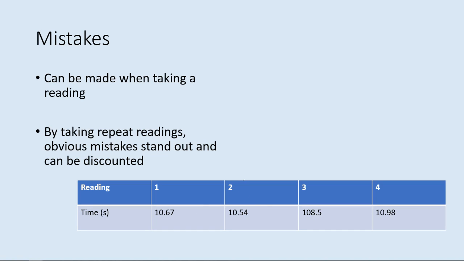Because we've taken 4 results and this one's standing out, what we can maybe see is that someone's misread the decimal point and written that down. So in this set of results, you would be able to discount this, because it's an anomaly. We take lots of readings, and if there's one that stands out significantly, we can discount it, because that's just a mistake.